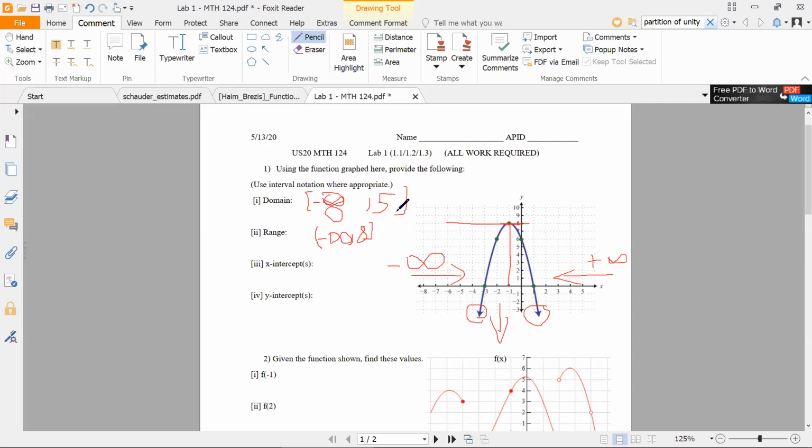You can do this in this particular graph. And then you can add the range. Instead of negative infinity, you can say -3, because -3 right here is the smallest value in this picture. Okay, so this is how you find the range and the domain.